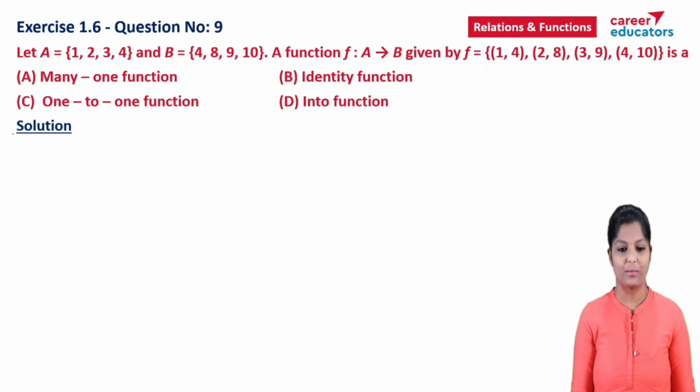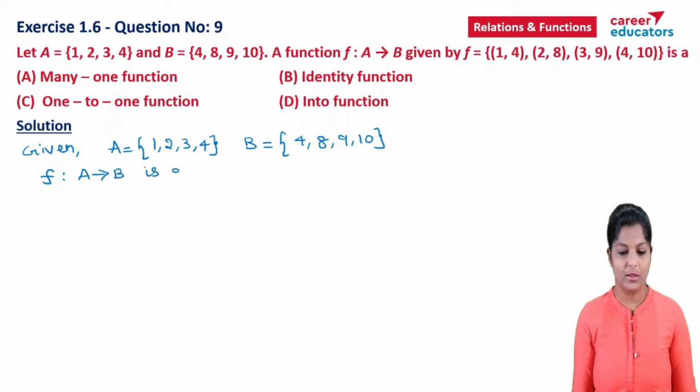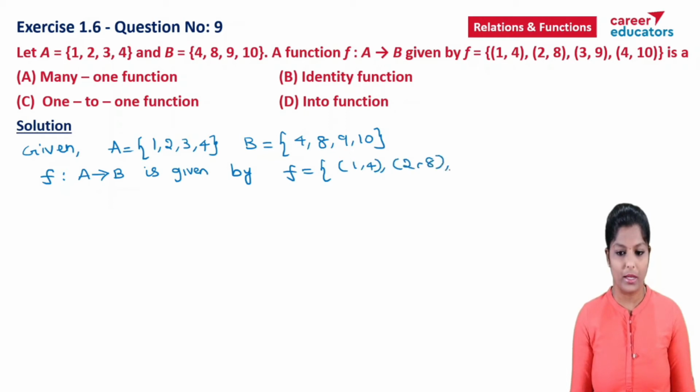Let's solve the problem. Given A equal to 1 comma 2 comma 3 comma 4 and b equal to 4 comma 8 comma 9 comma 10, and a function f from a to b is given by f equal to 1 comma 4, 2 comma 8, 3 comma 9 and 4 comma 10.